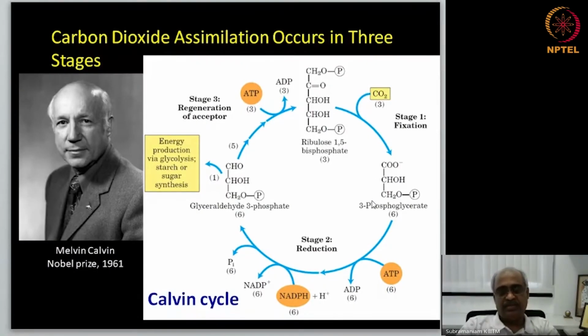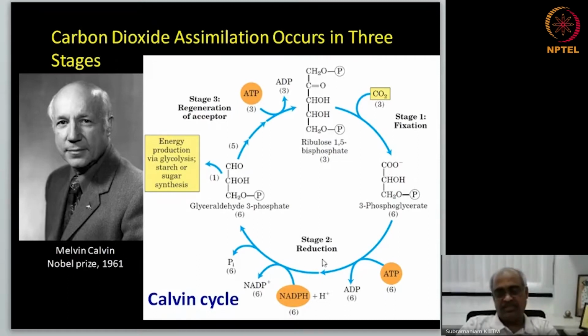And the next one is the resulting molecules. The molecule will be 3-phosphoglycerate. For every one ribulose bisphosphate, which is 5 carbon, when you add one more carbon you have got 6, so you make 2 trioses, and this is in the carboxylic acid form.